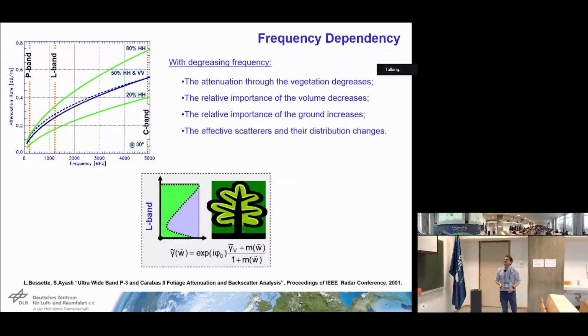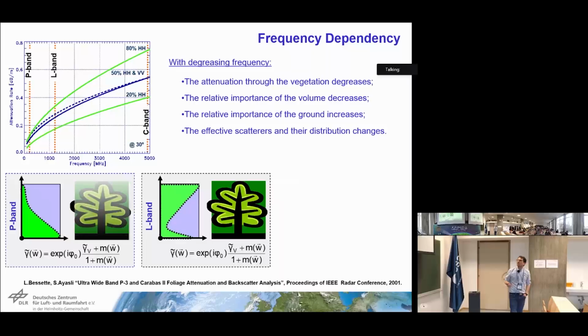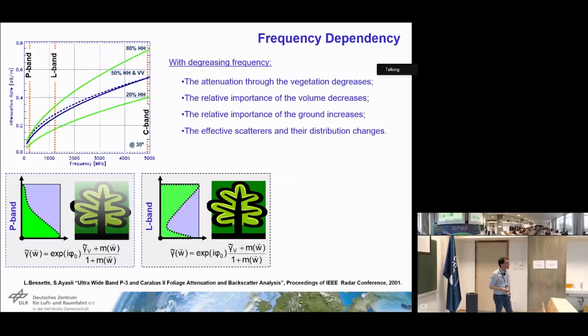For instance, at L-band, you are sensitive to the trunks, to the stems, not really to the leaves. But if you go to P-band, of course, the ground becomes a lot stronger because you penetrate a lot more.